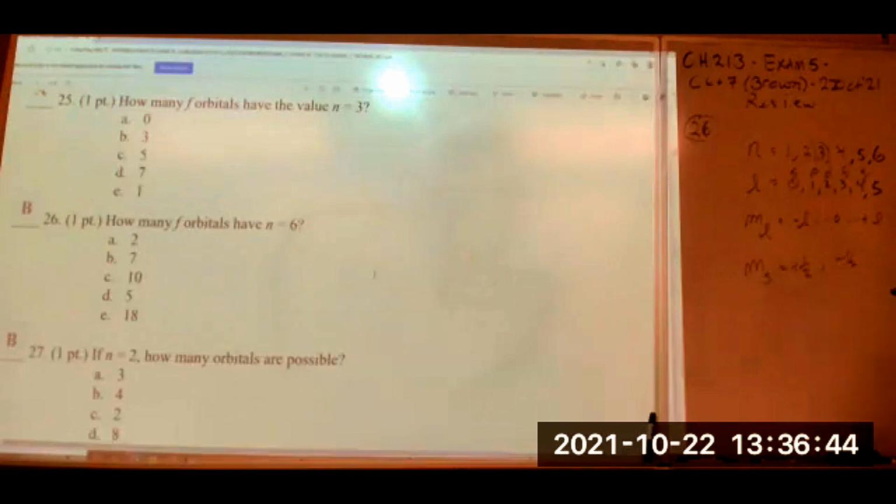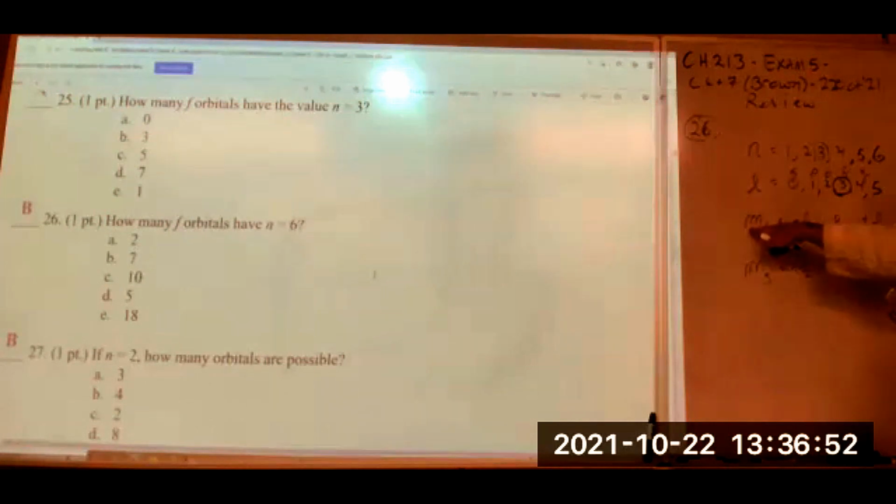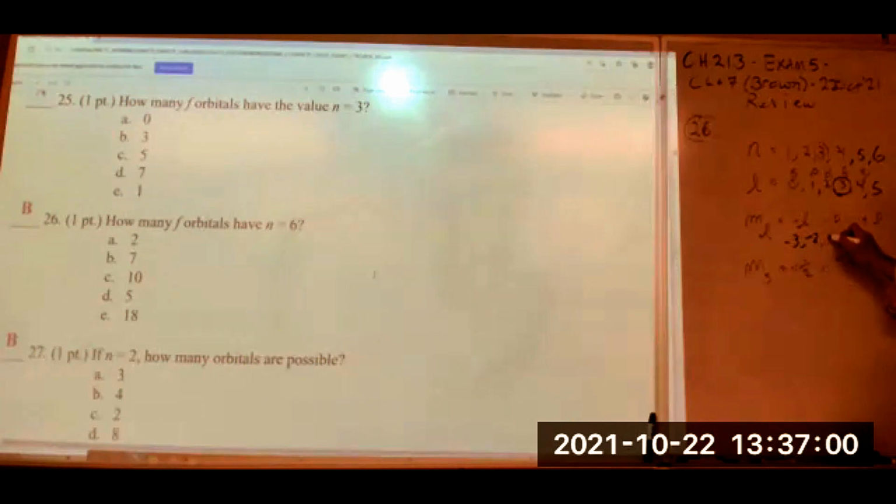Well, we have to look at this one. Now that we have that one, we have L equals 3. Then we say how many, these are actually the orbitals. So we have -3, -2, -1, 0, +1, +2, +3. So that's 1, 2, 3, 4, 5, 6, 7.